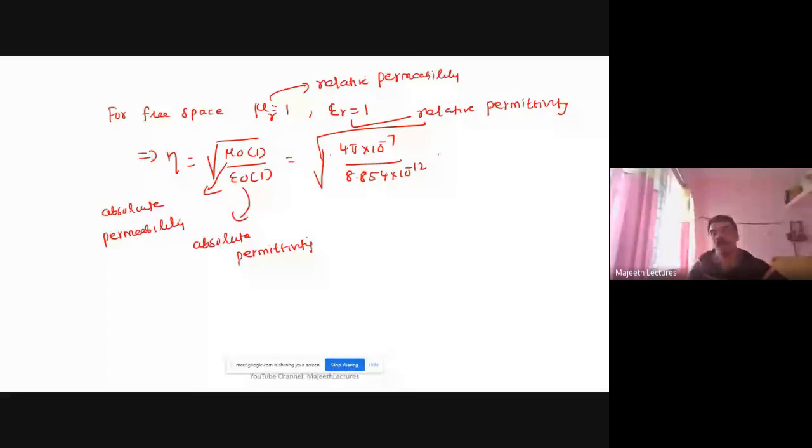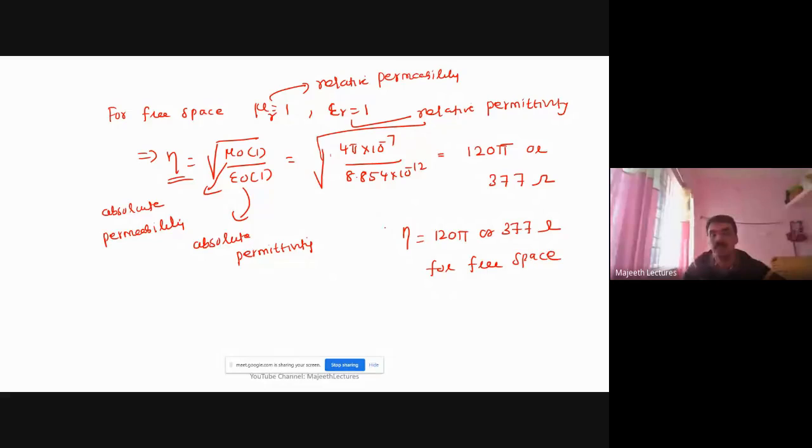So this will give 120 pi, or the equivalent value is 377 ohm. Since eta is the impedance, the unit is ohm. So eta is equal to 120 pi or 377 ohm for free space.